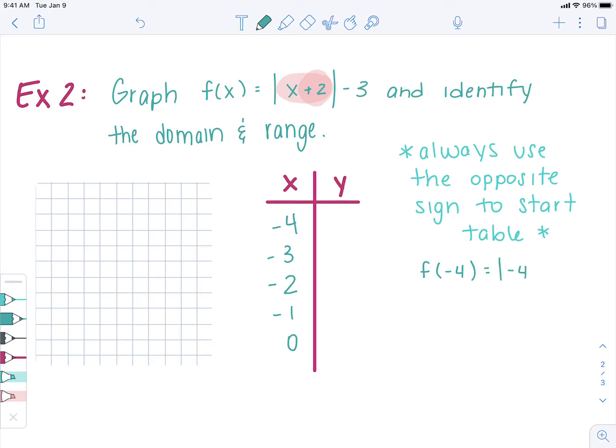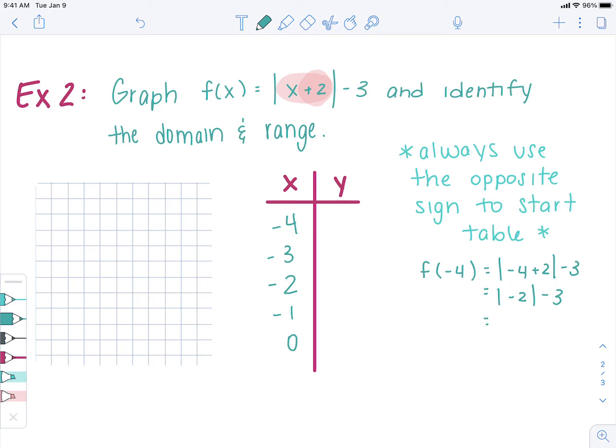So I'm saying the absolute value of -4 plus 2, minus 3. -4 plus 2 is -2, minus 3.